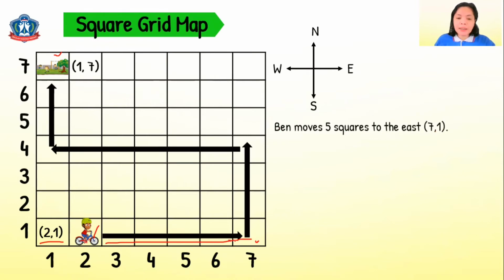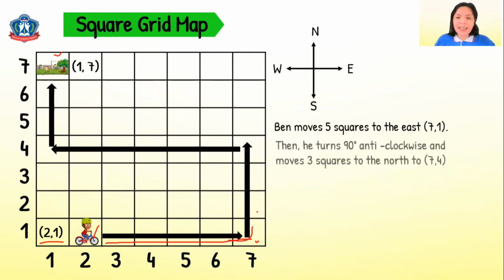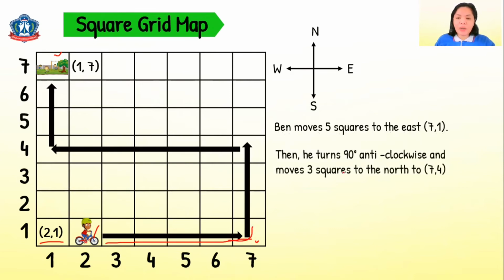Then he turns 90 degrees. Is it clockwise or anti-clockwise? Yes, that is anti-clockwise. So he turns 90 degrees anti-clockwise and moves how many squares? 1, 2, 3. Yes, 3 squares to the north. And his new position is 7-4. This is 7-4 here. Next, he turns again 90 degrees.